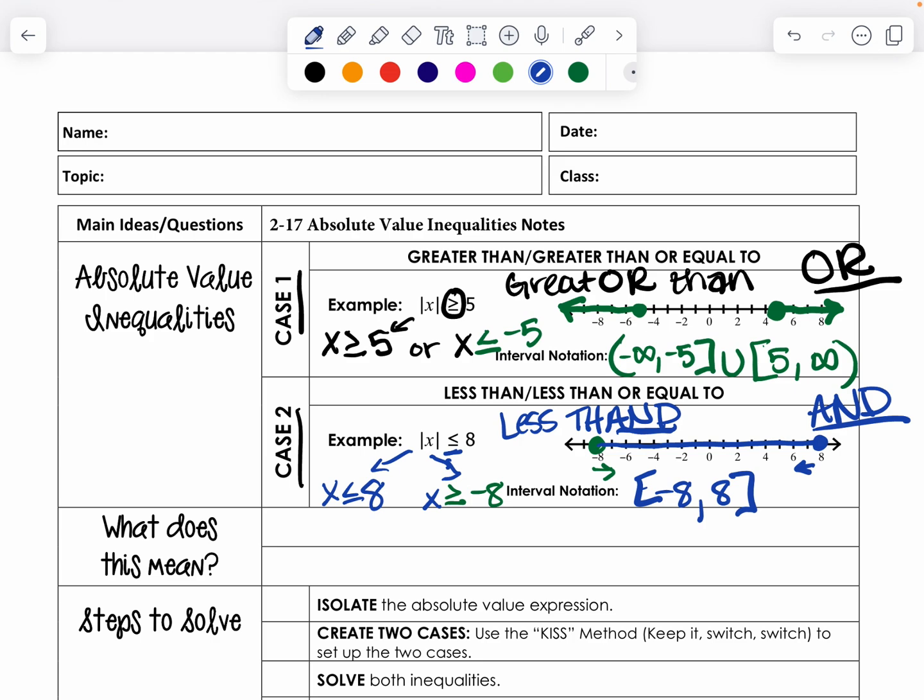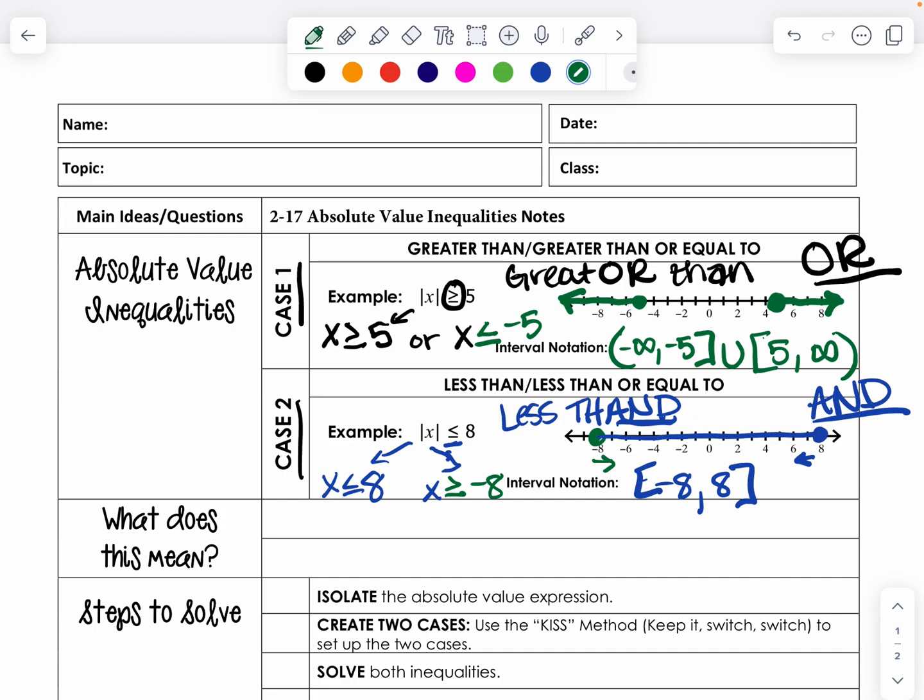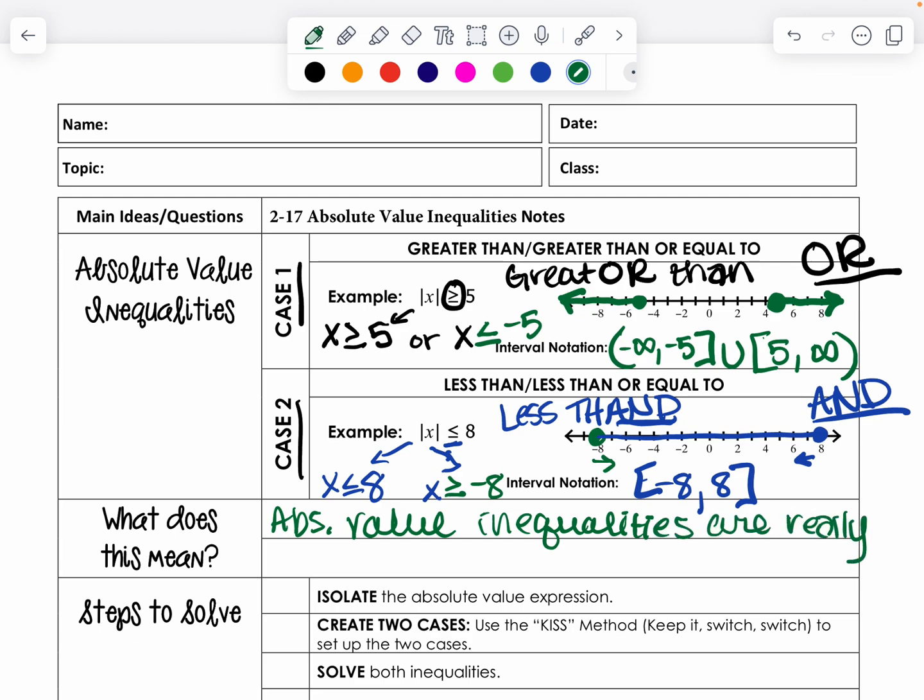So again, we want to remember that absolute value inequalities are really compound inequalities.